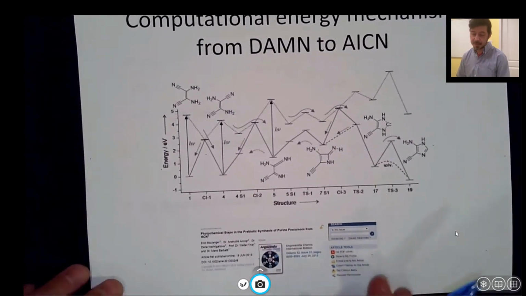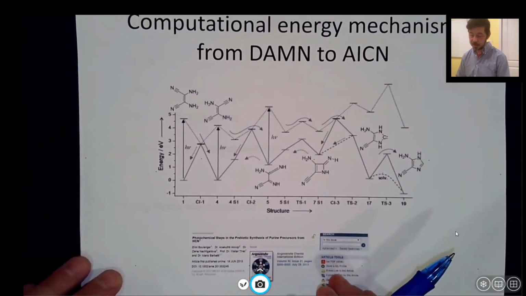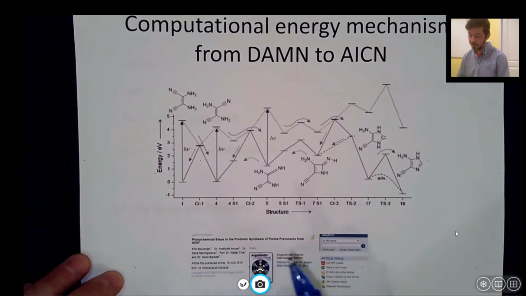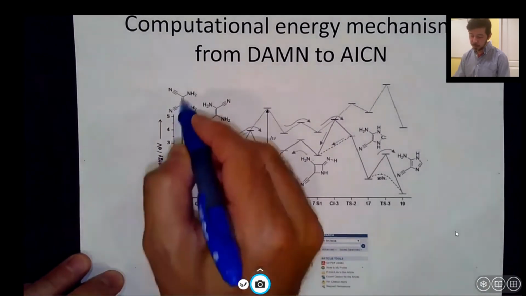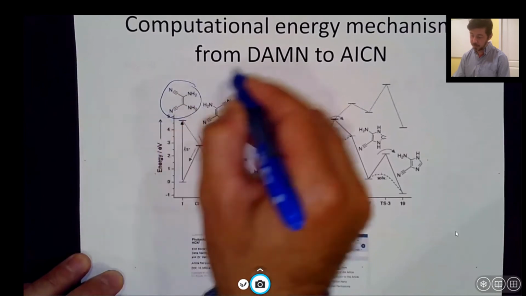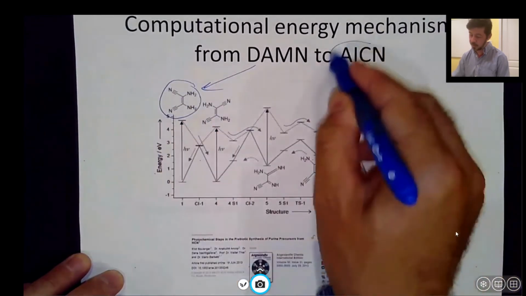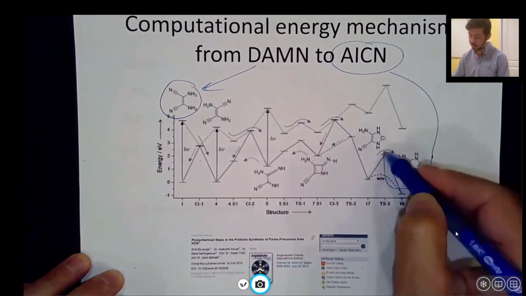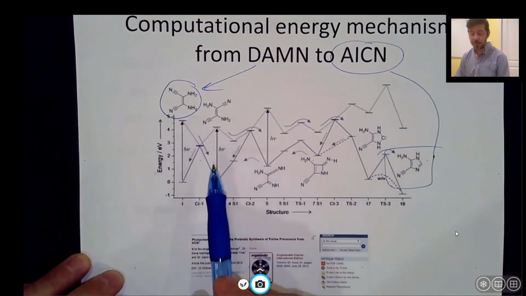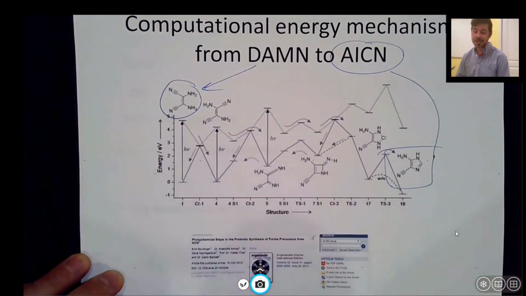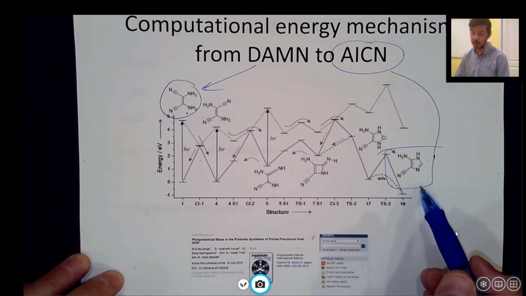Okay, this is a fun mechanistic slide from that paper showing that when you start with your DAM molecule, you need to get to AICN. It's very complicated how that happens, and people really didn't understand how, when this molecule DAM was incubated with UV light, it actually converted to AICN.